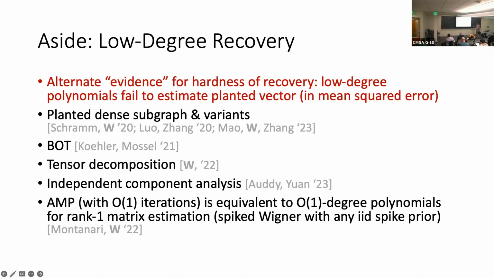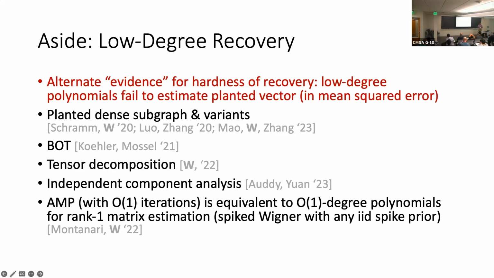I'll maybe emphasize this last result for a second, since it's of interest to the topic of this workshop, particularly if you like approximate message passing. With Andrea, we're able to show that if you think about the rank 1 spiked Wigner model with the spike prior being any IID distribution, the AMP algorithm is exactly as powerful as the best constant degree polynomial in the sense of the mean squared error.